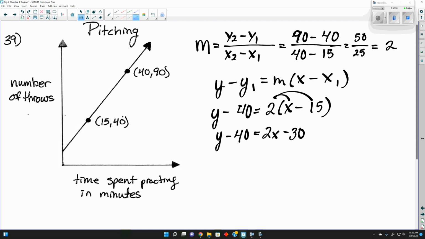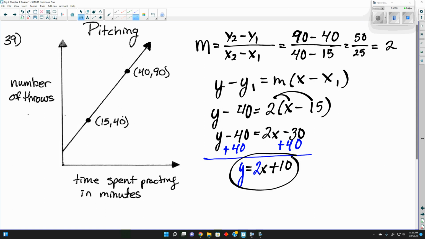And last but not least, we need to get y by itself, so we can add 40 to both sides. If we add 40 to both sides, we get y by itself, and it tells us that 2x plus 10 is on the other side.